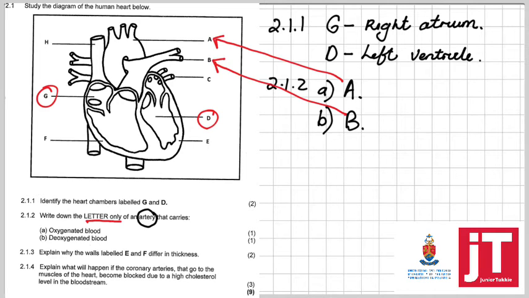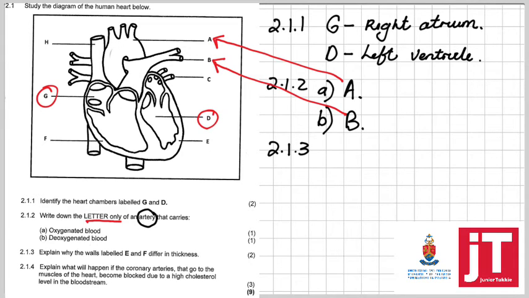So looking at these, we can find A carries oxygenated blood because we know the aorta carries blood to the systemic circulation from the heart. So oxygenated blood will be carried by artery A. And deoxygenated blood is going to be carrying blood to the lungs. And here we're talking particularly about the pulmonary arteries, which are identified by label B.